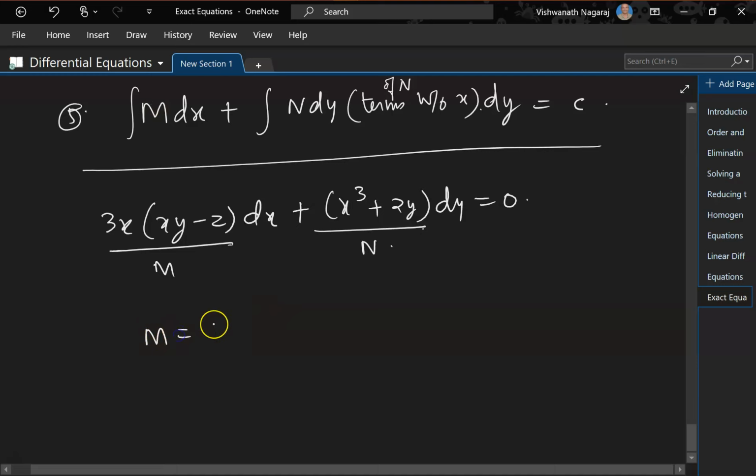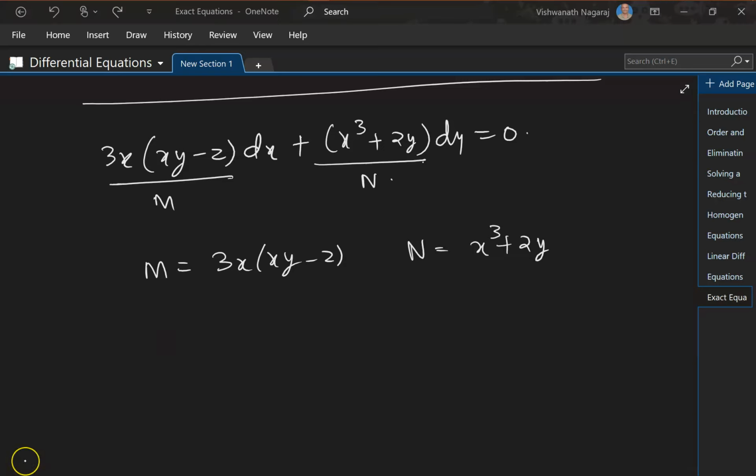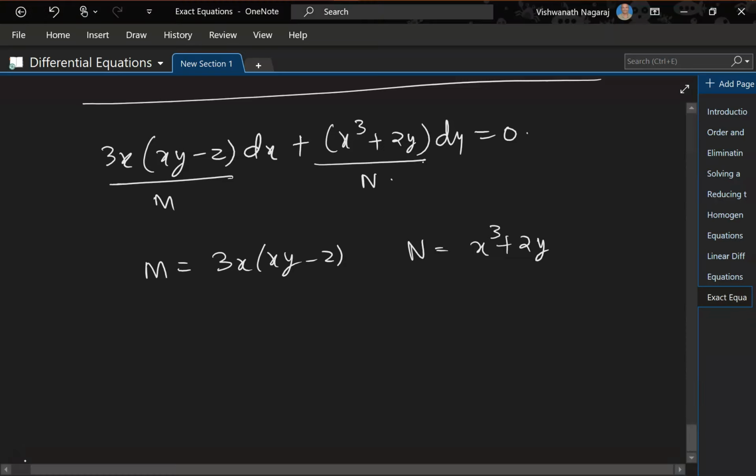So M is equal to 3x(xy minus 2) and N is x³ plus 2y. Now we have to verify whether we have an exact solution or not. Now let's say M is equal to 3x²y minus 6x.